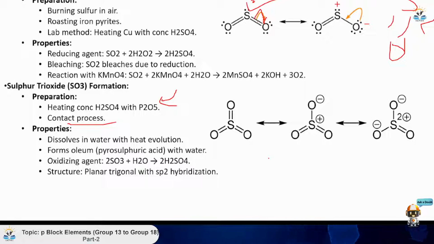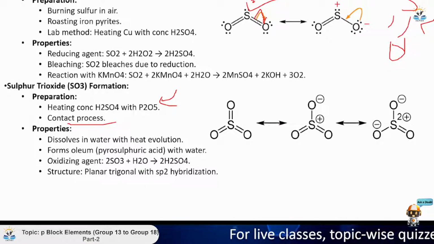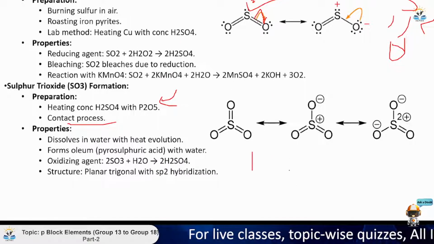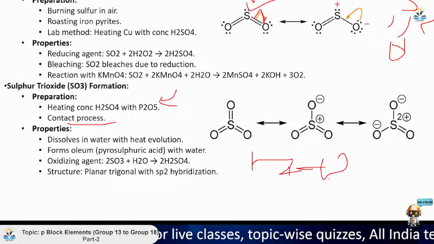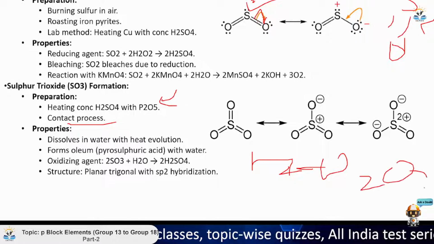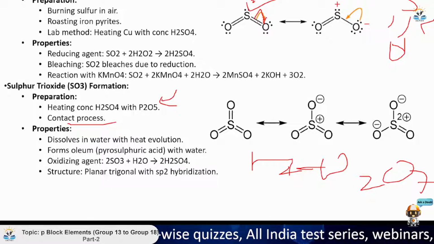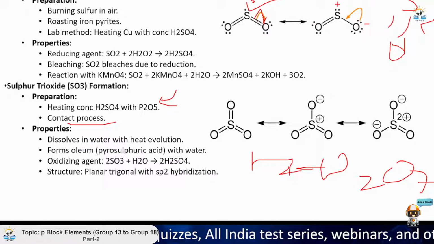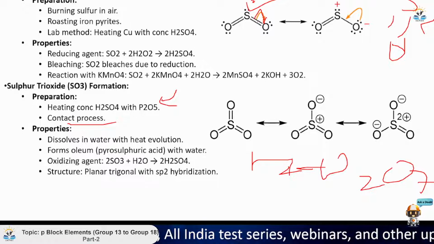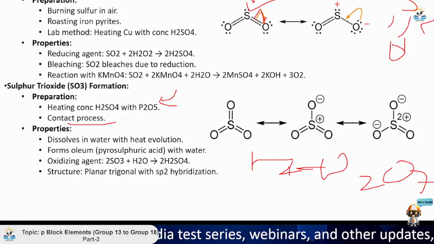And if we have to talk about a few properties of sulfur trioxide, it forms oleum with water. And if you have done the contact process, you will know that oleum is H2S2O7. Oleum is a pretty important thing formed during the contact process for the formation of sulfuric acid.